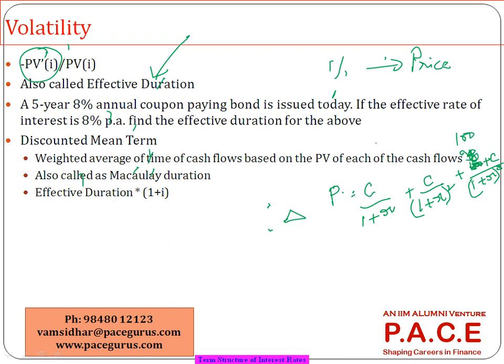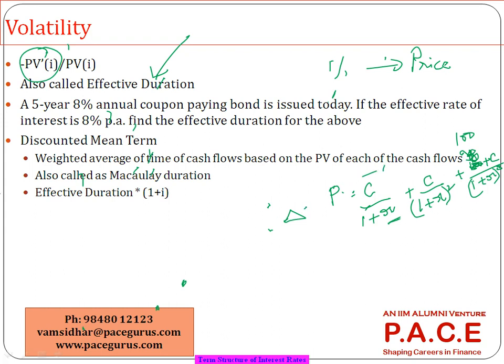Now what we are saying is, please take the R as the gross redemption yield. Even if it is given in case of spot rate, for simplicity purpose I am taking it as the gross redemption yield. Now take the derivative of this price.